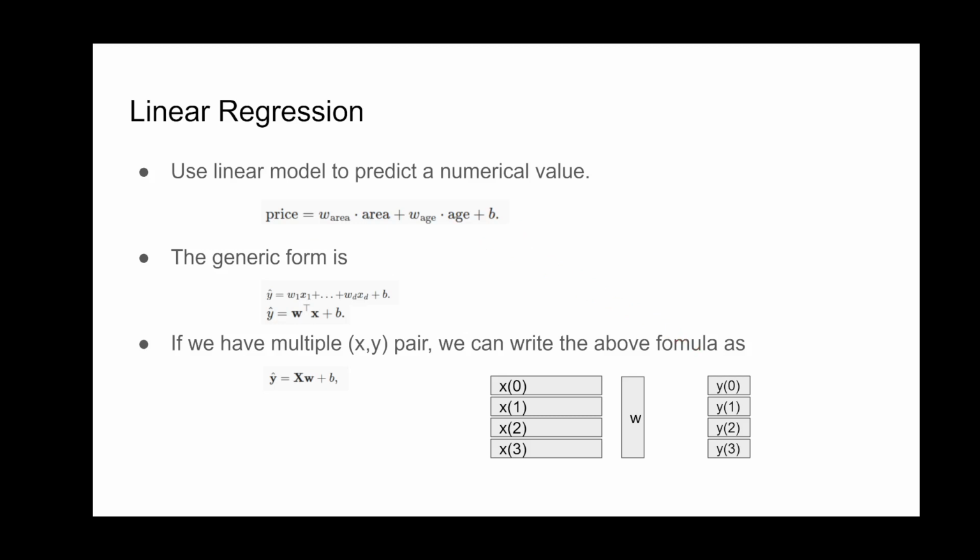For example, if we find a new house in this area, we can use its size and age to predict its price, even though we don't know the price yet, because the house has not been sold.